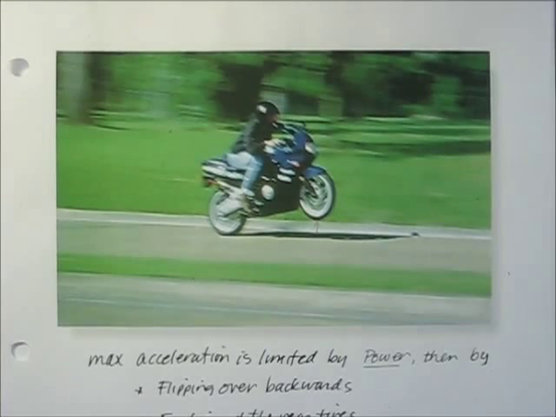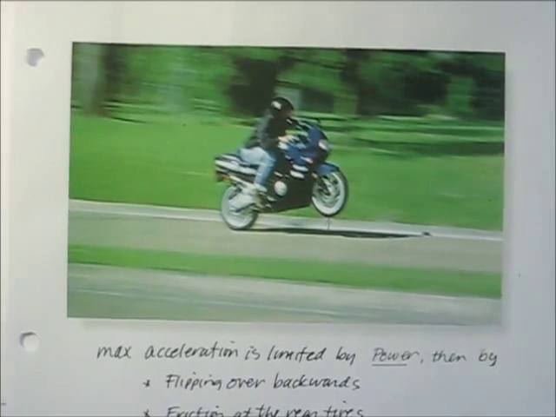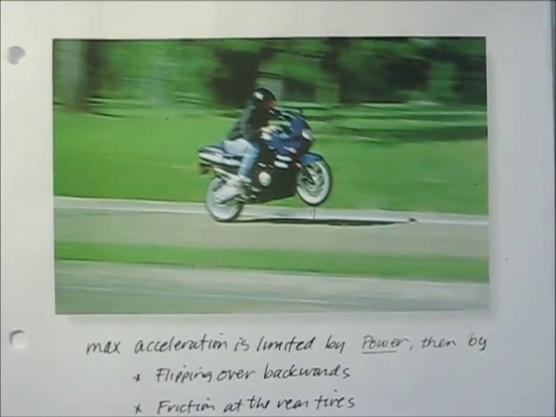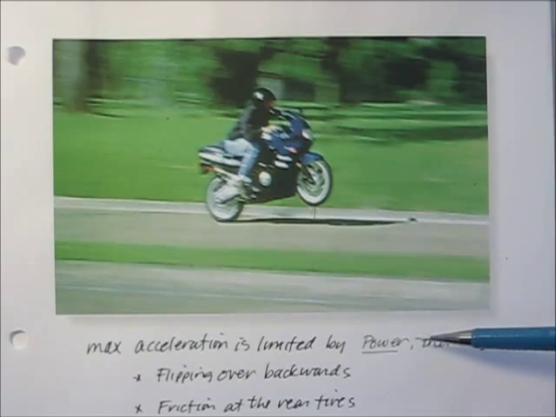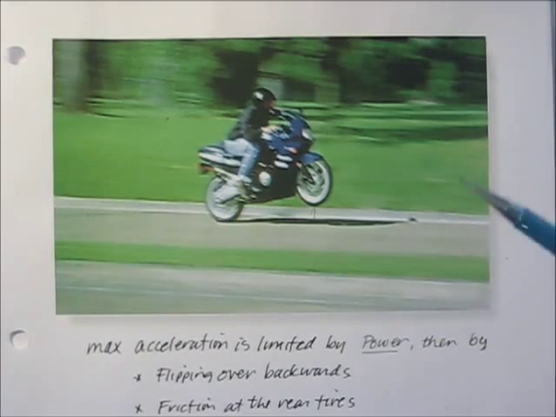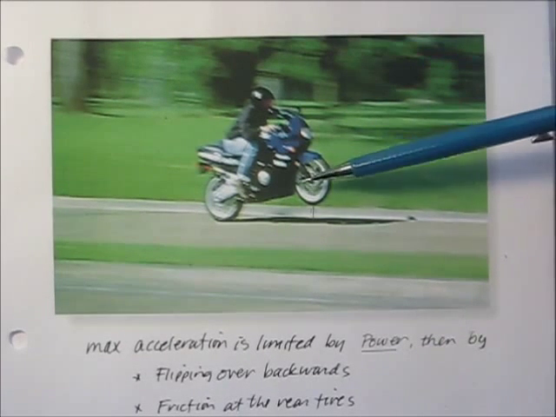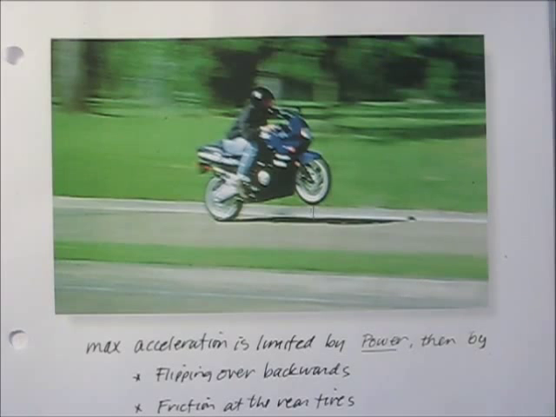We went through this in class, so I'm not going to do this again. But you can see that the maximum acceleration, or many times that's what the question is, how fast can it really go? Well, the maximum acceleration is certainly limited by how much power the motorcycle has. But after that, it's limited by whether or not it flips over backwards. And you can see that once it starts flipping, it's going to keep going.